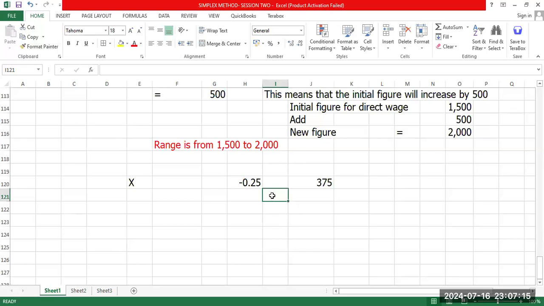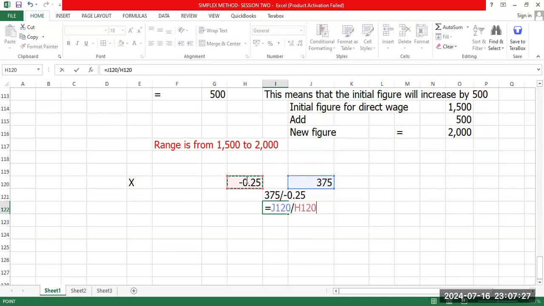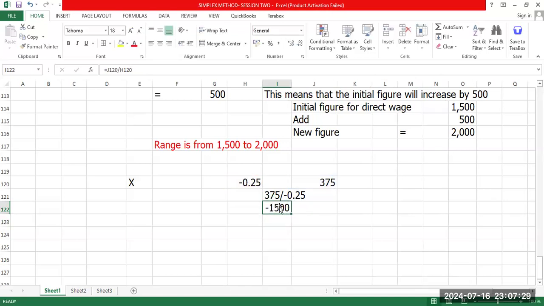You get 375 divided by negative 0.25. What do you get? Negative 1,500. That's what you have. Okay.